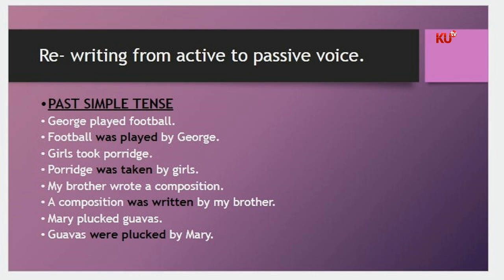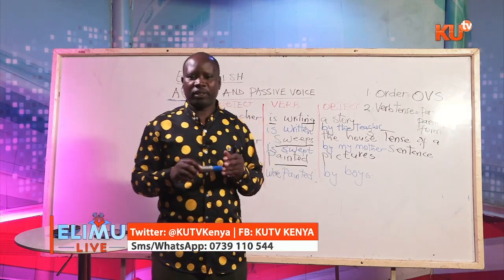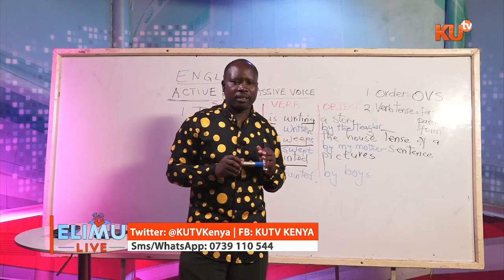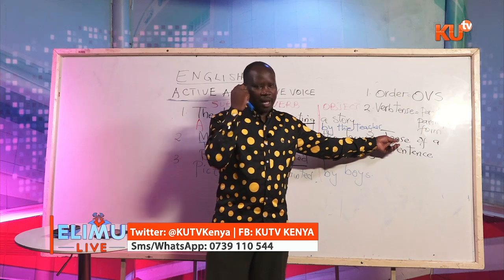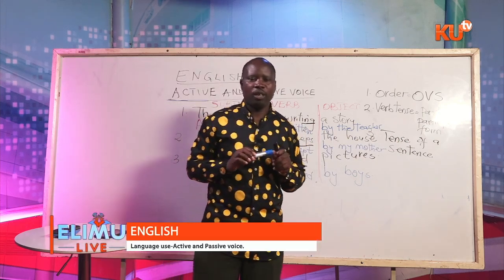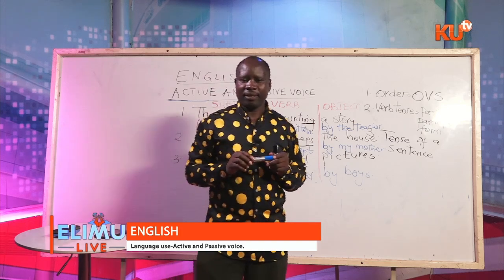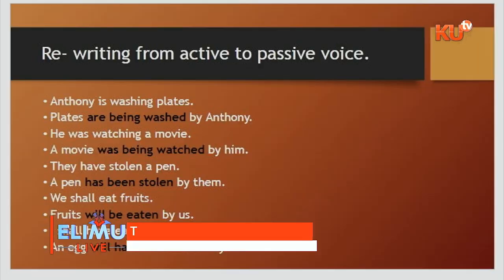Those are the examples in present simple tense and in past simple tense, where in present simple we use the helping verb is or are in part number 3 of our tense, and in past simple tense we use was or were. Now I want us to move to the next slide, where we have tried to mix up the sentences.